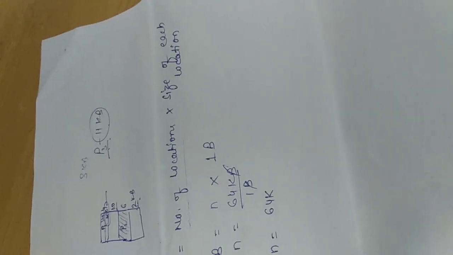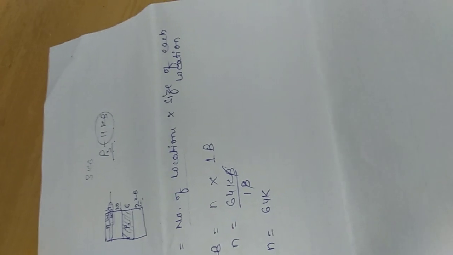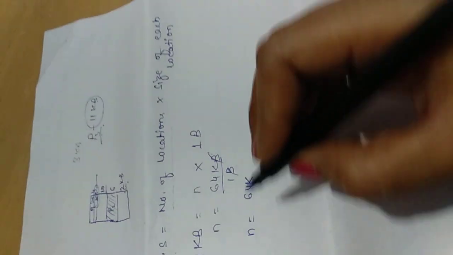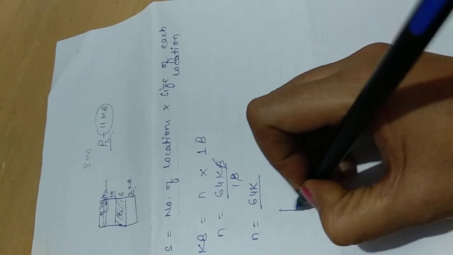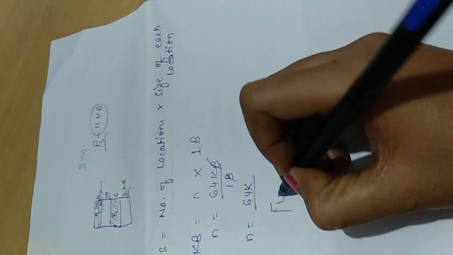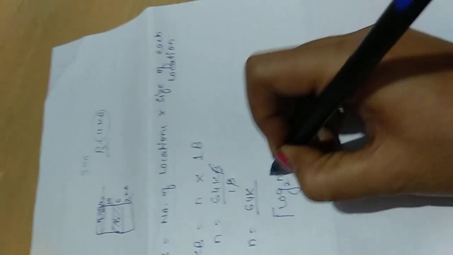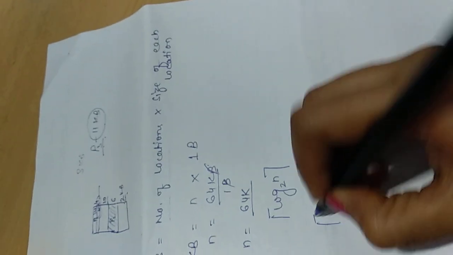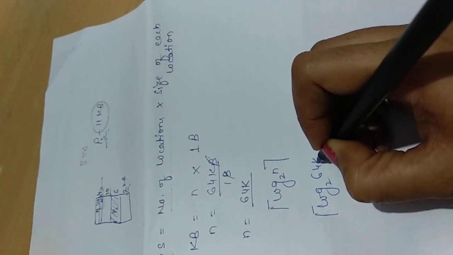Now if someone asks you the number of bits to represent that memory, if the size is 64 KB, would you be able to find that out? Yes, definitely. How? We just take log. Log base 2 of n gives the number of bits, using the upper limit. What is n? That is 64K.